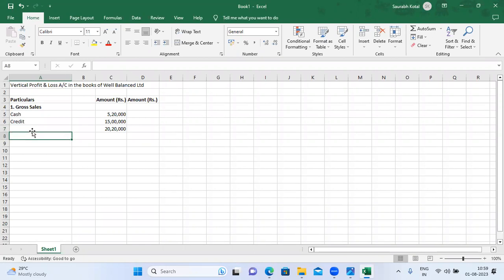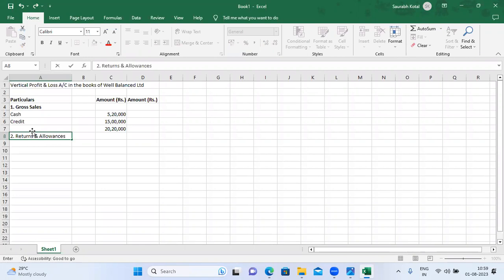We need to reduce returns and allowances. Now you might think there are no allowances, it's only a term that they are using. However, they have given a number.